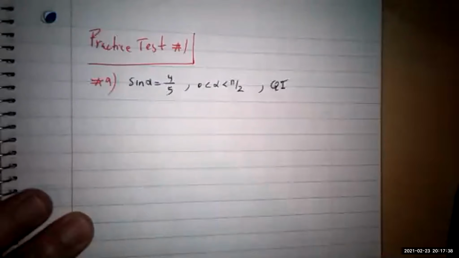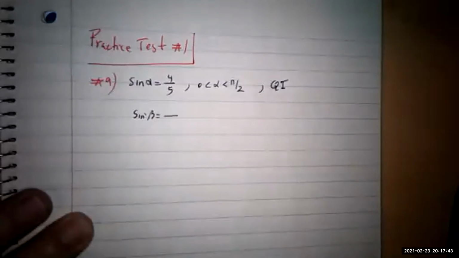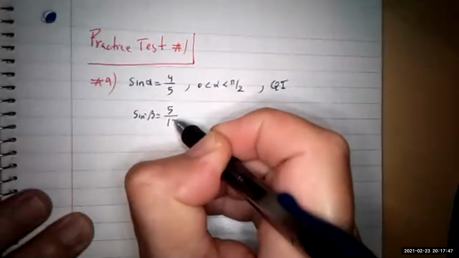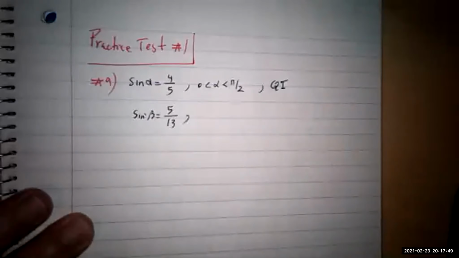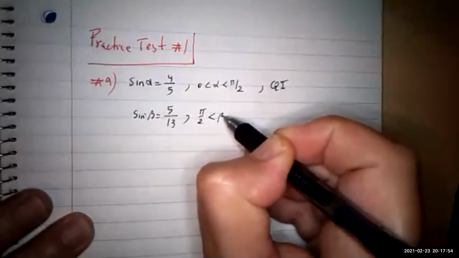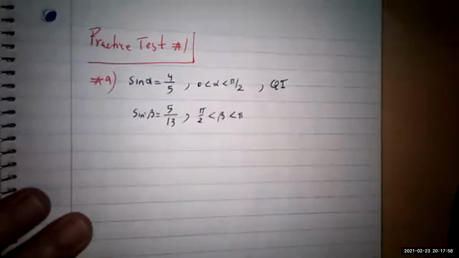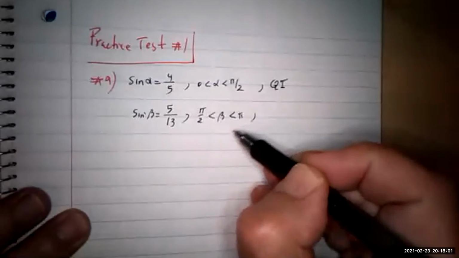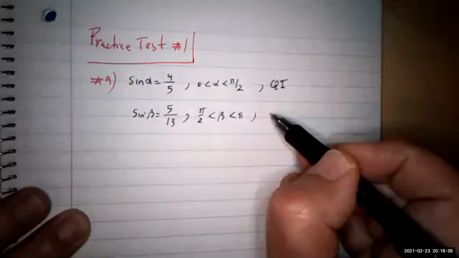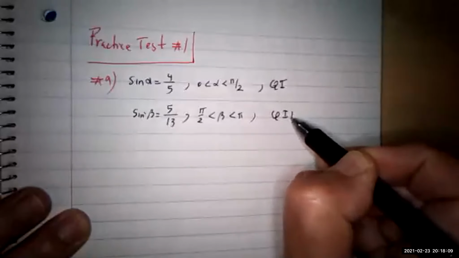Then you have another one, you have the sine of beta is 5/13. And you are given that beta is bigger than pi/2 and less than pi. Between 90 and 180, this means, where is this one? Okay, so this is going to be in the second quadrant.